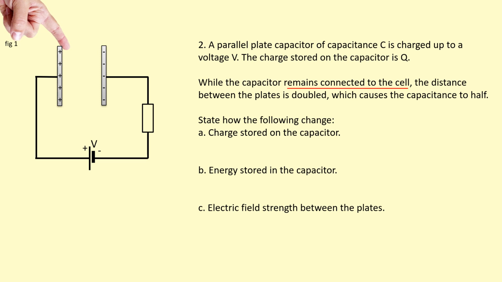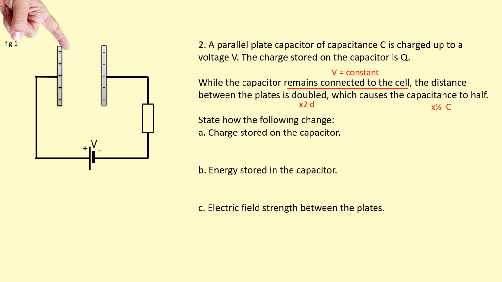Because it remains in contact with the cell, charge can move off the parallel plates or onto the parallel plates, but it will move until the voltage across the capacitor plates is the same as that of the cell. So in this question, it's the potential difference across the capacitor which is a constant. The distance has doubled between the plates and the capacitance has halved.